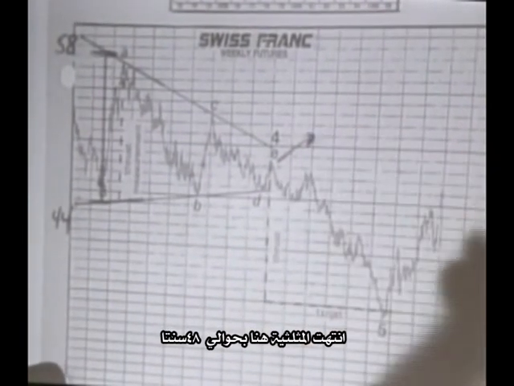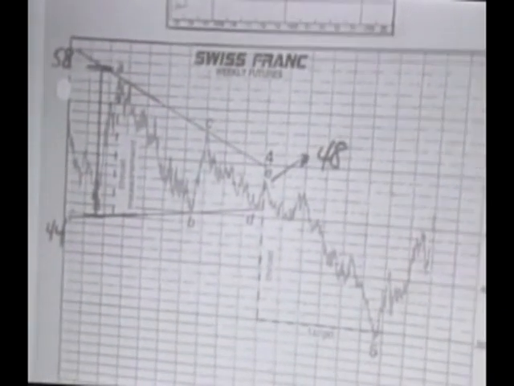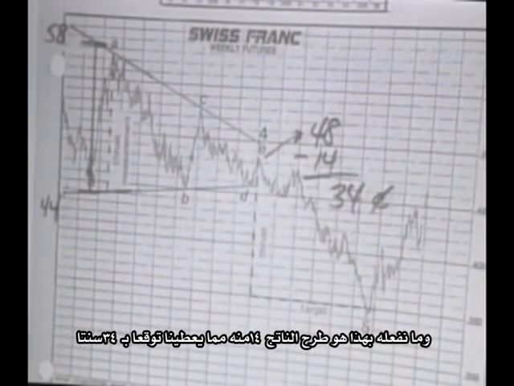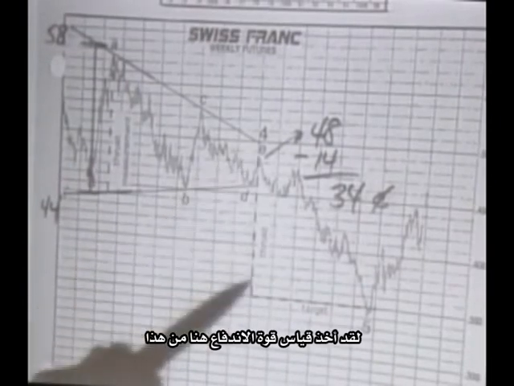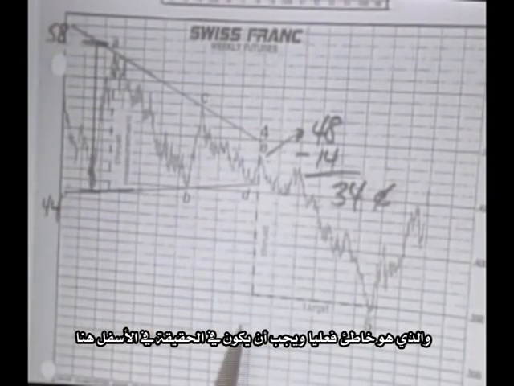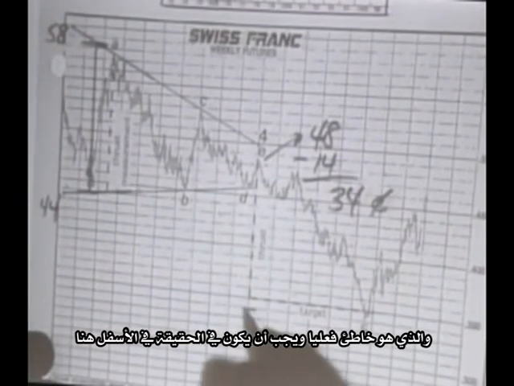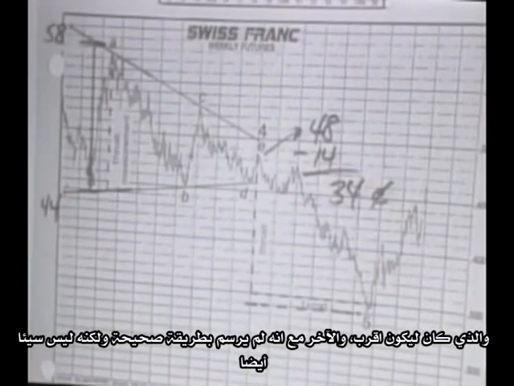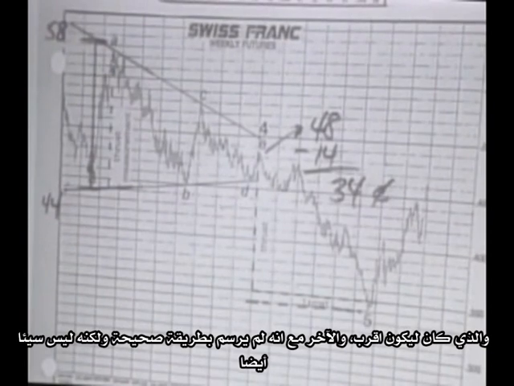The triangle ended here at approximately 48 cents. What we do with that is subtract the 14 cents, giving us a target of 34 cents. Now, this thrust measurement here was taken from this, which is incorrect, and is actually down here at 34 cents, which would have been a little bit closer, although the other one, even though it was drawn incorrectly, wasn't bad.